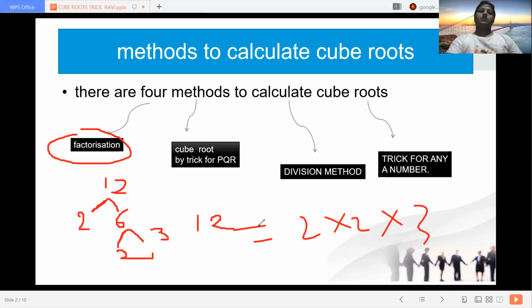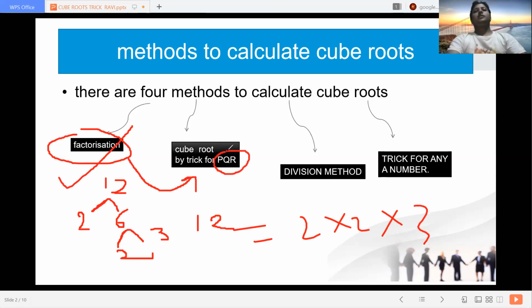In this way we can factorize and calculate cube root of unit. But this method is useful only when the number is a perfect cube. Due to this demerit, there is another process in which we can calculate cube root for perfect cube numbers.